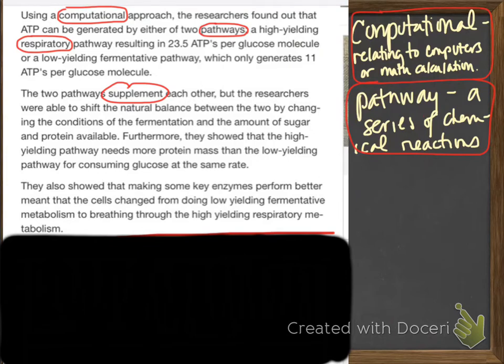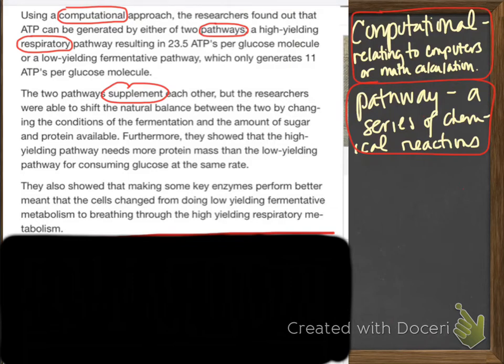Yeah, okay. So a high-yielding series that results in 23 ATPs, or a low-yielding fermentive pathway. We said, wait, fermentation was just another way that cells make energy. So a low-yielding pathway, a low-yielding series of reactions which only generates 11 ATPs. Huh. So there are two ways to do this, two ways to skin this cat. One gets you 23.5 ATPs, one gets 11 ATPs.